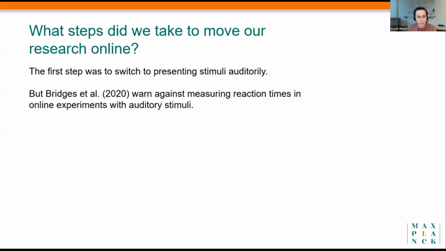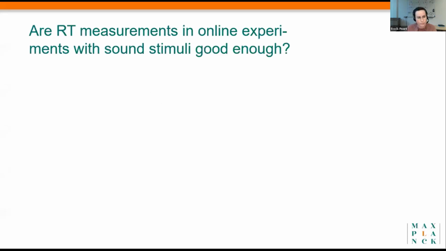And we found that especially Bridges et al. warn against measuring reaction times in online experiments when you use auditory stimuli, because differences in the participants' hardware and software may compromise the accuracy and precision of these measurements. So the first thing that we actually did was try to find out whether reaction time measurements would be good enough for our purposes.